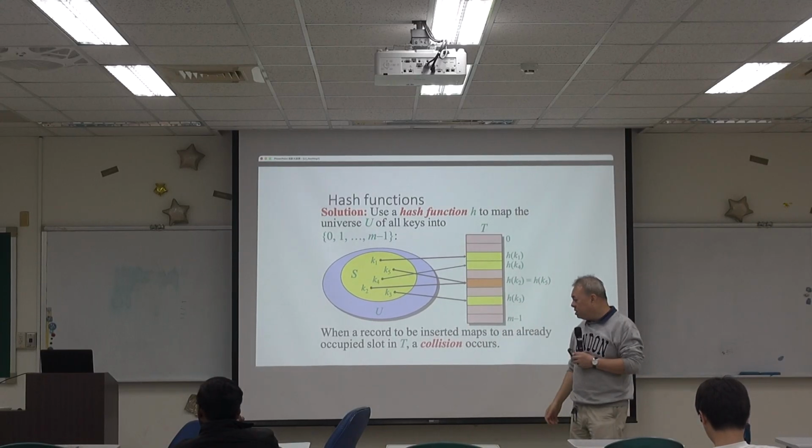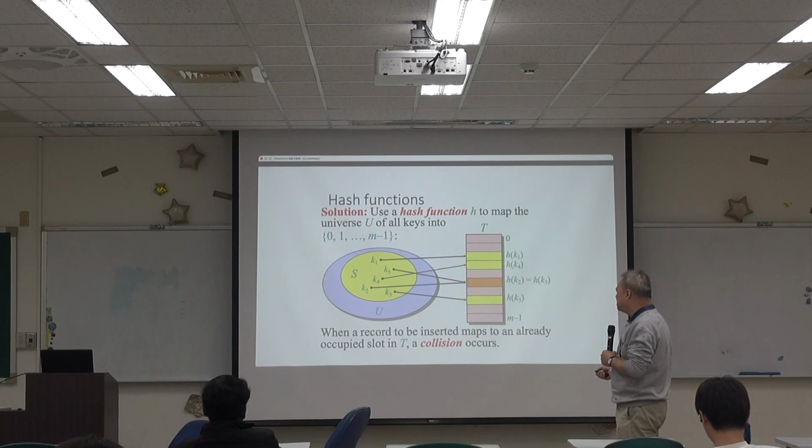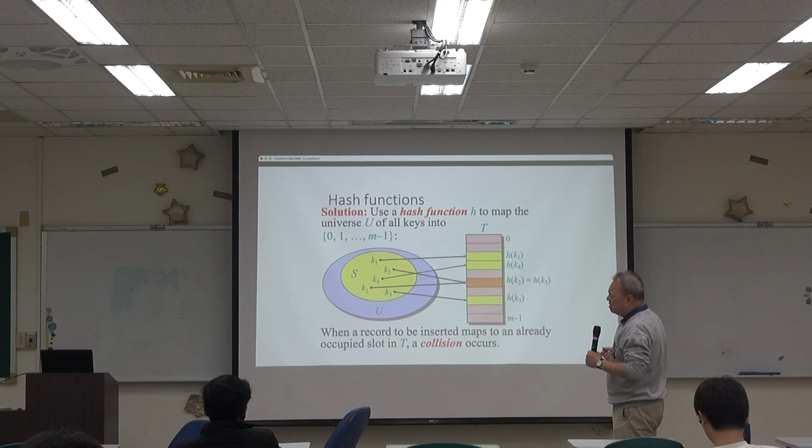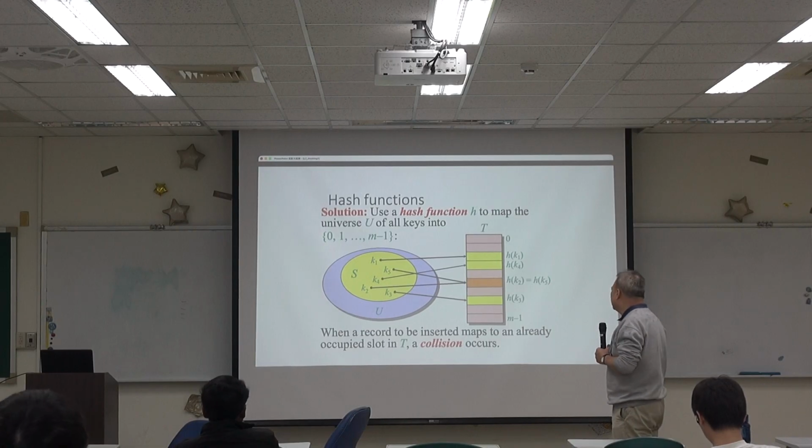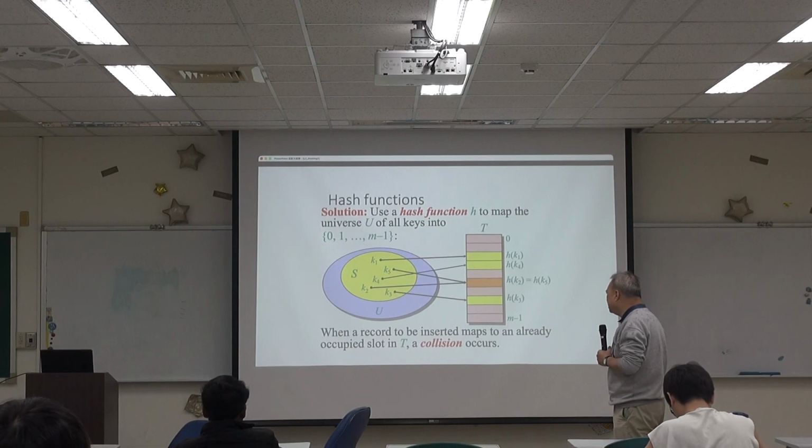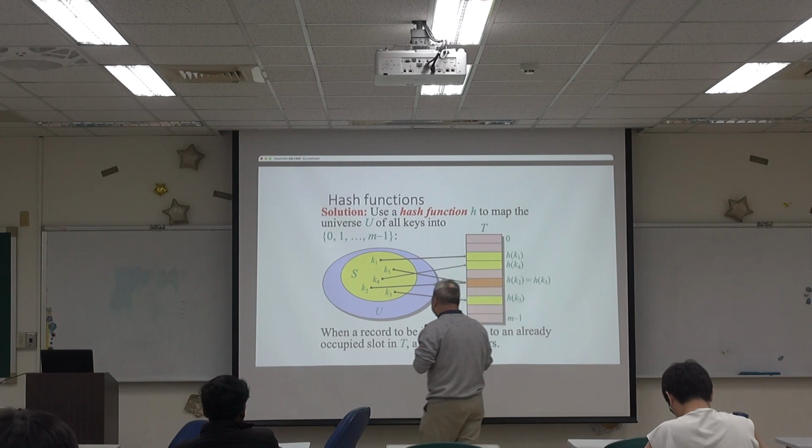You try to create a mapping from the subspace in U to a table with a sufficient size, from 0 to n minus 1. But this n minus 1 is much smaller than the size of the space of U.